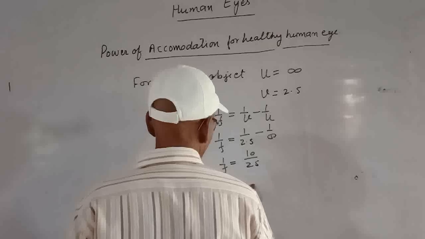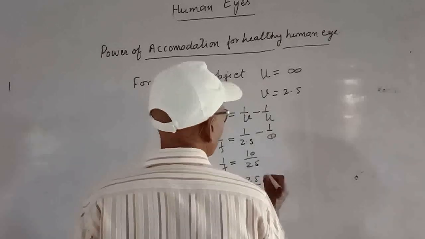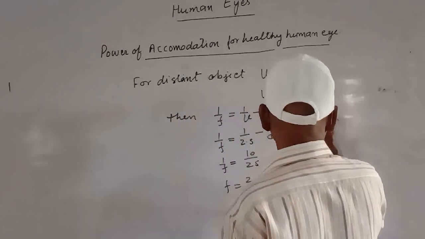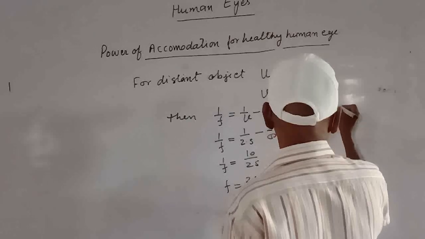F is equal to 25 upon 10. Now P is the power.